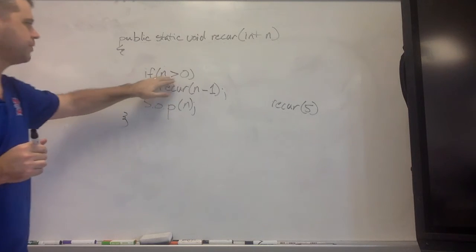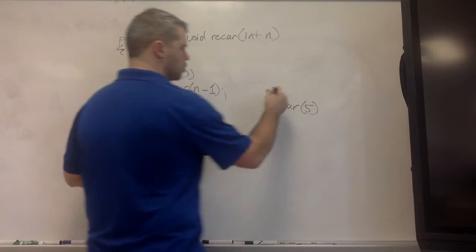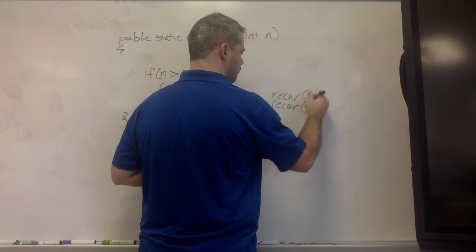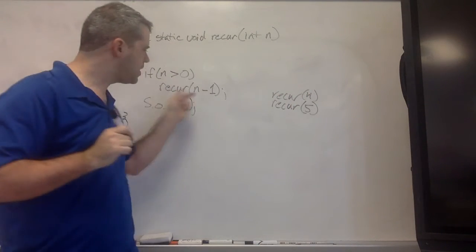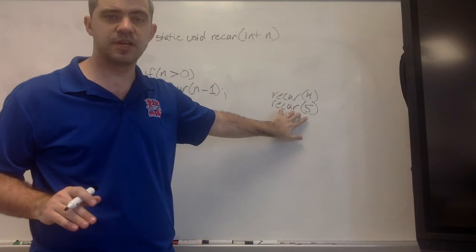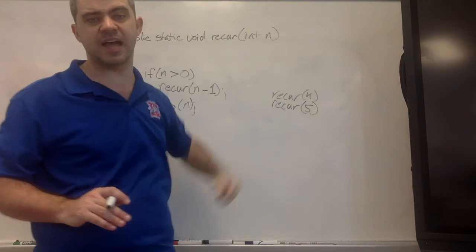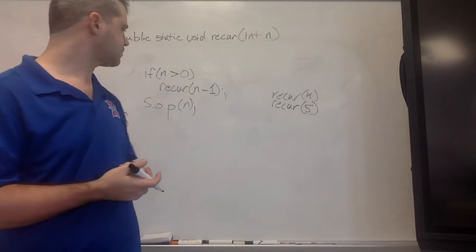Well, first thing is it's greater than 0, so we call recur 4. Now, when we call this, everything stops. We do not continue with this until everything on the stack has been resolved.